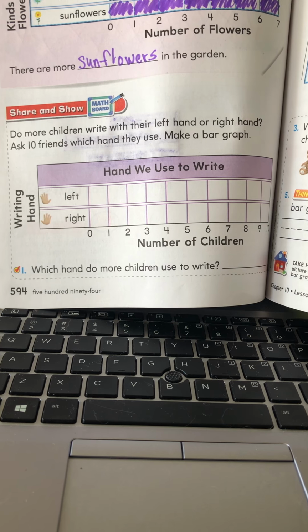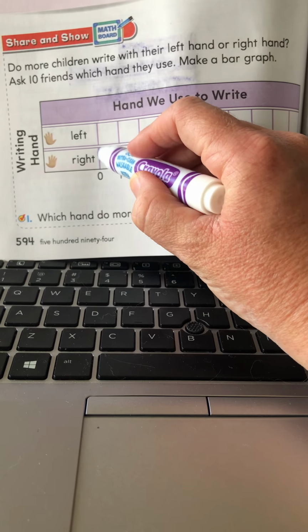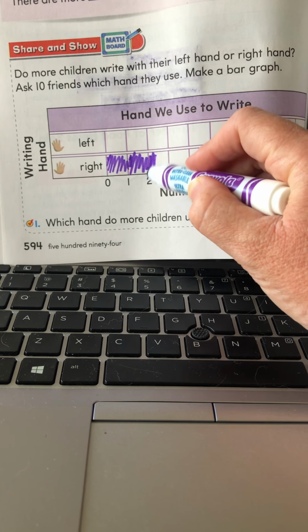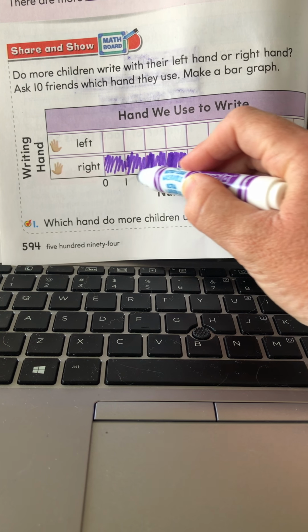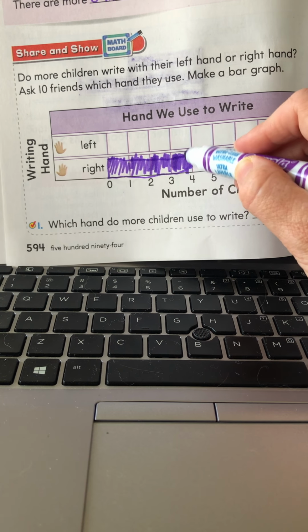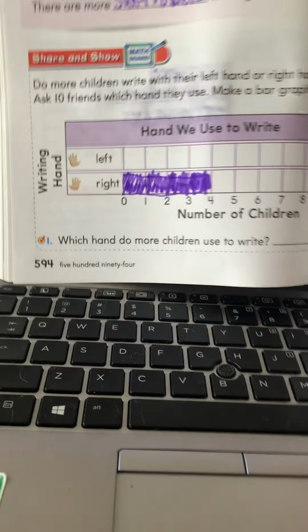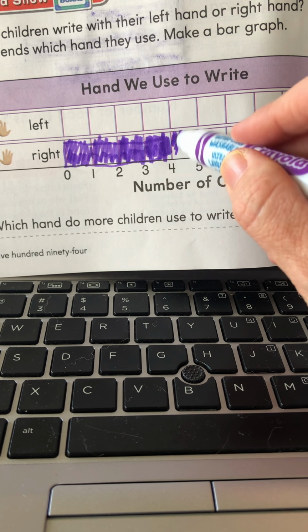let's think about, and then I have to add 6 more people because I don't have 10 people in my house. All right, so I'm gonna color in 4 right hands for my family. And let's just say, I'm gonna ask my 2 neighbors, and they're both right-handers.